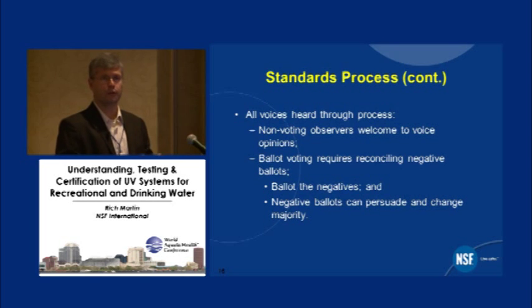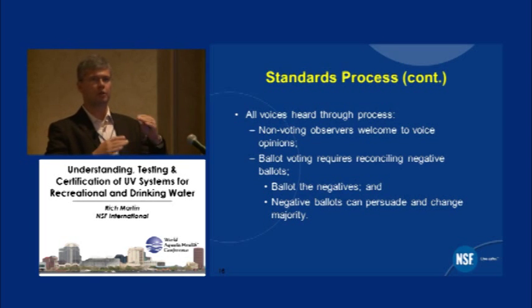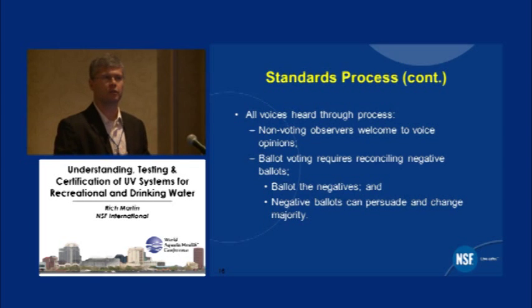So what we have actually found is that sometimes a negative is so powerful that even if the vote technically passed numerically, with 2/3 voting pass, a negative can be considered such a serious issue that it can have other people change their vote. And so that's one of the beautiful things about the process, that it does allow that dissenting vote to be influential.